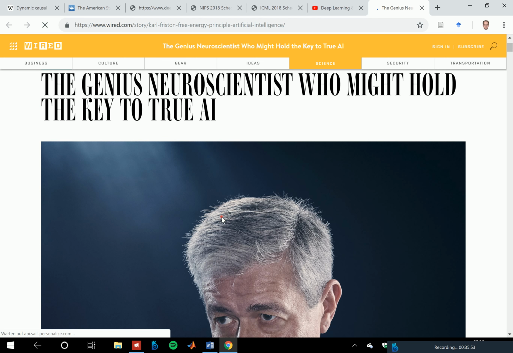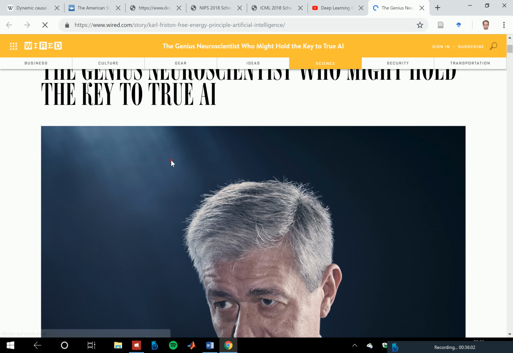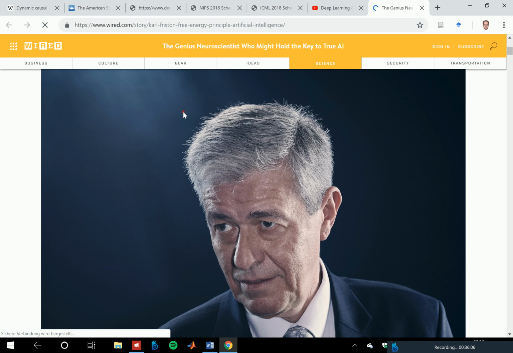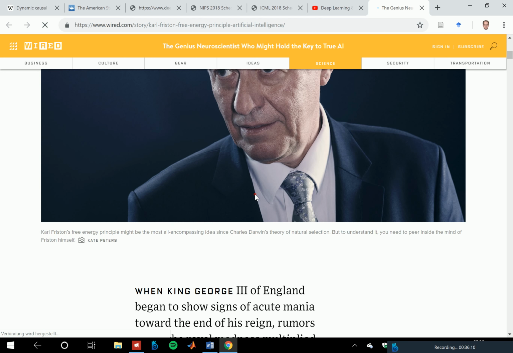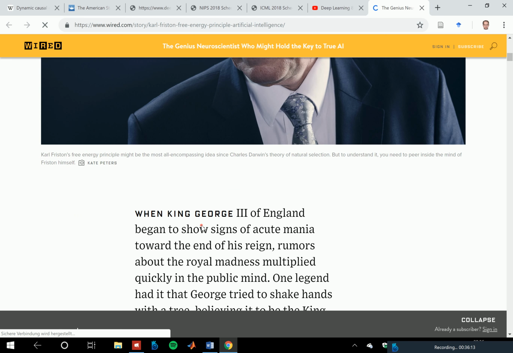So it's very mystic, and this is the genius neuroscientist who might hold the key to true AI. And actually, you see the light of God going there. It's fairly mystic. The whole thing starts with King George of England.